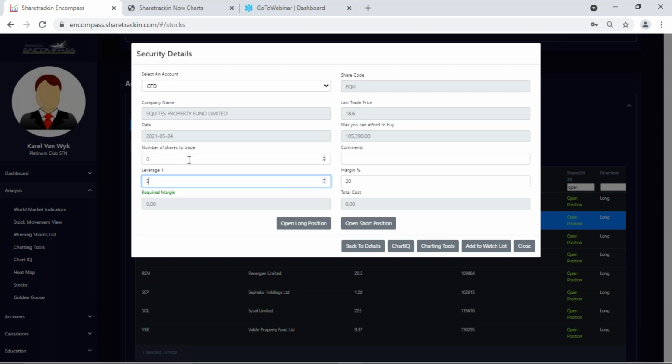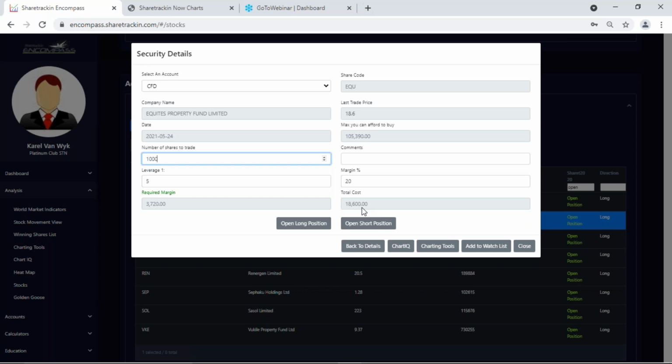Now I can go and say, okay, how many shares do I want to buy? Let's say I want to buy 1,000 shares. Now, for me to buy 1,000 shares at 18 Rand 60 a share, the cost of the shares is 18,600 Rand.